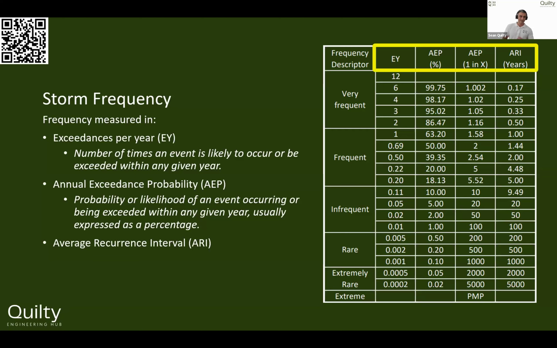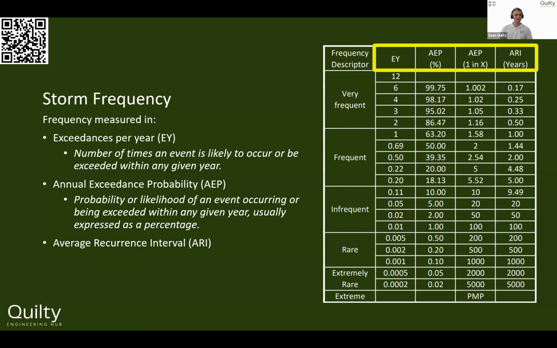Now, we know that is definitely not the case. In fact, what it means is this year, you've got a 1 in 100 chance of having that storm. Next year, you have the same 1 in 100 chance. So you could have this storm in any year. It's quite random and quite variable when we talk about rainfall. So just keep that in mind. Do not use the ARI, always use the AEP. That's what we want to use going forward.